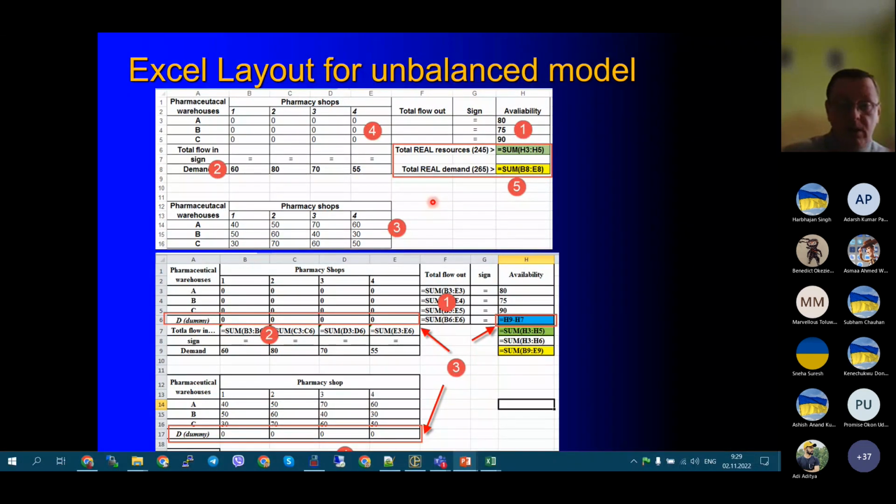Again, we can use a slightly different layout in the spreadsheet, which allows us to determine a lack of resources. Here we see that we don't have enough resource. We introduced a dummy warehouse object with imaginary resources, the blue cell, and after that we can add a dummy row into the layout and adjust our constraints.